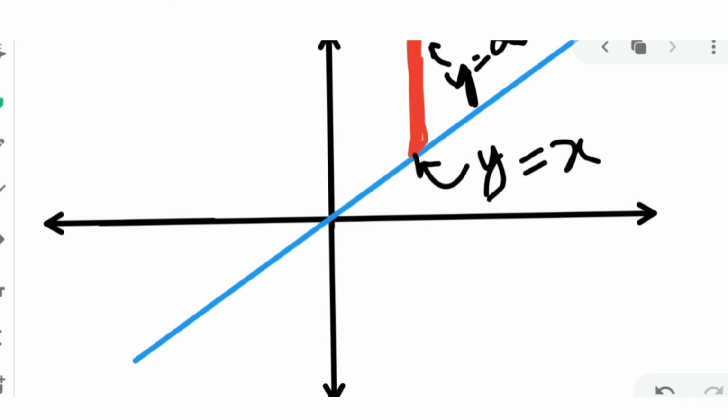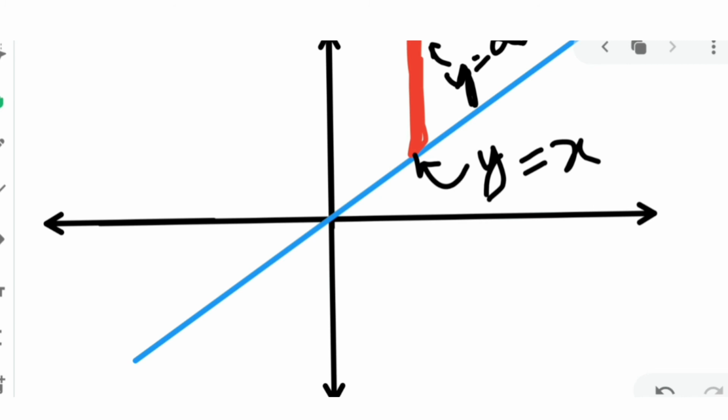Now the process is to evaluate the given double integration by change of order of integration. So now we need to change the order of integration. That is, we will be taking the horizontal strip instead of the vertical strip, and then we will find out the limits.